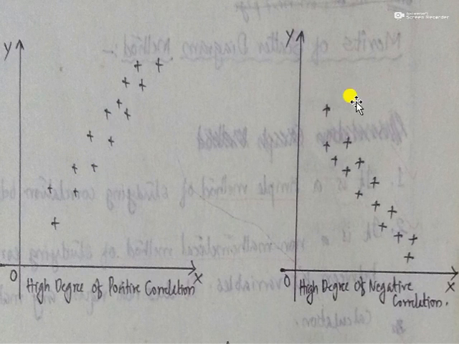See this scatter diagram. Here the direction is negative, that is from left upper corner to the right bottom corner. The direction is negative and all the points are lying on a narrow band. Therefore, this scatter diagram interprets that there is high degree of negative correlation between the variables.